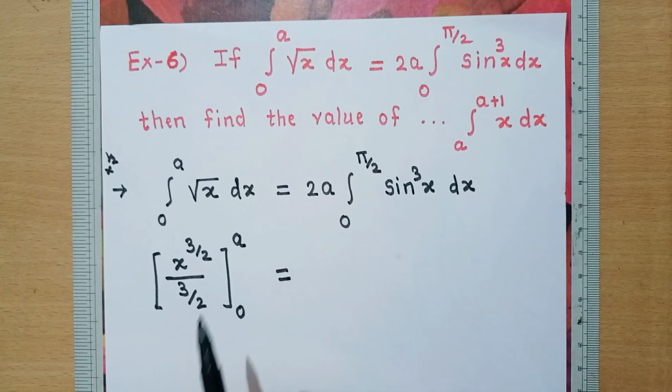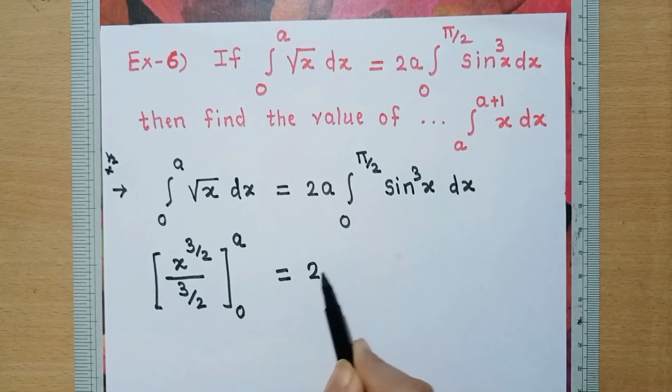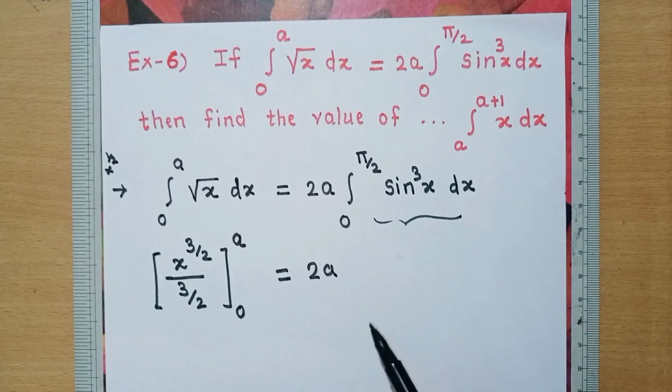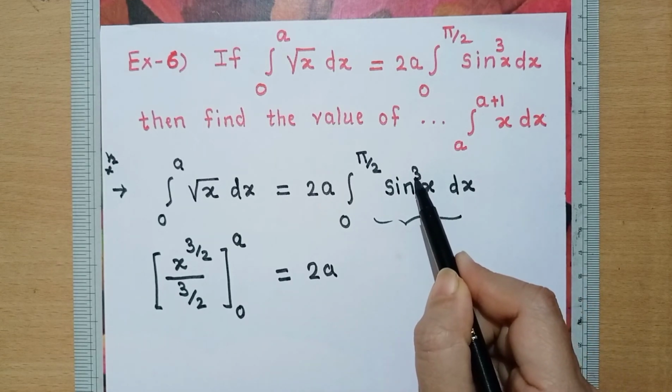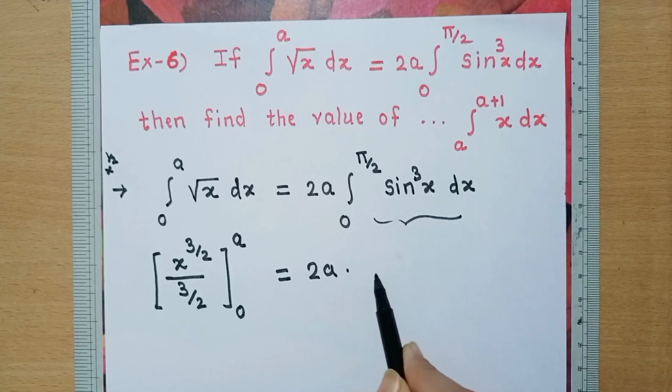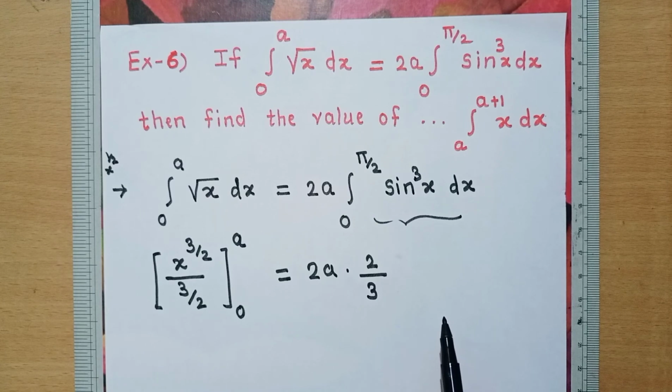This is the left hand side, this 2a as it is, and here we will use the reduction formula. Now check the index of sin x. It is 3, meaning an odd number. So we will write here downside 3 and one number less upside. So this is the answer of this definite integral. And again we will simplify this.